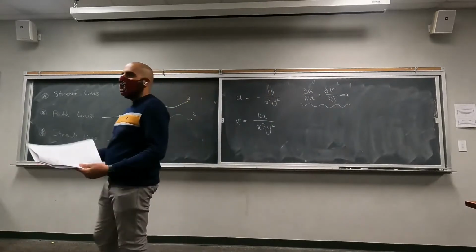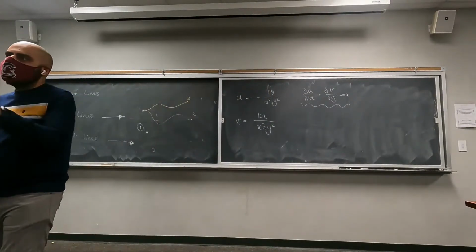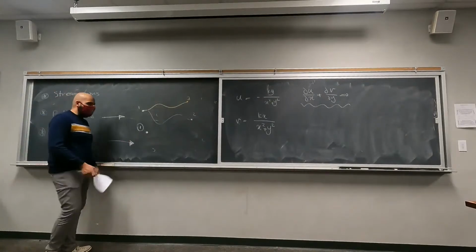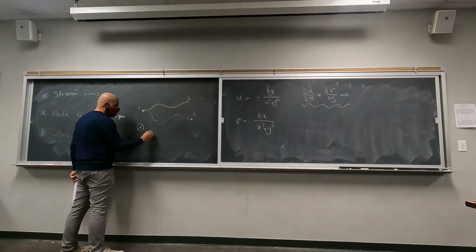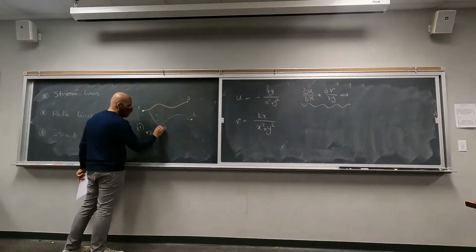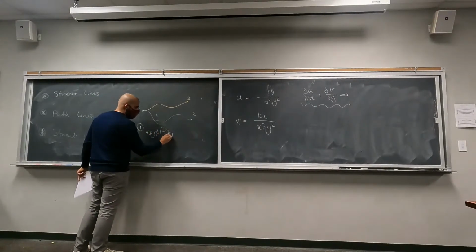Let's say after 1 second, 100 fluid elements have passed through this line. The location of those after this 100 seconds is going to be your streak line.